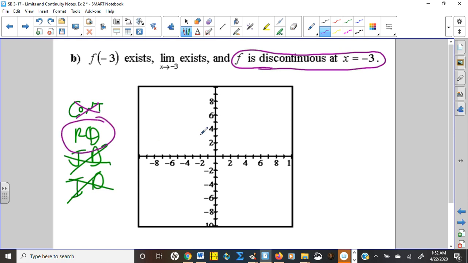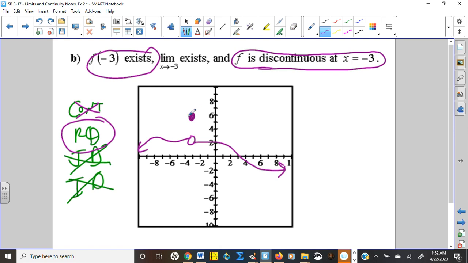So this time we have removable discontinuity, which means that when I get to -3 somewhere, they don't tell you where, so you don't have to worry about it. Sometimes they do, but here they didn't. I have a removable discontinuity, a hole. Okay? And then the only other thing you have to remember is that f of -3 does exist. So somewhere other than where the hole is, you have to define the function at -3.